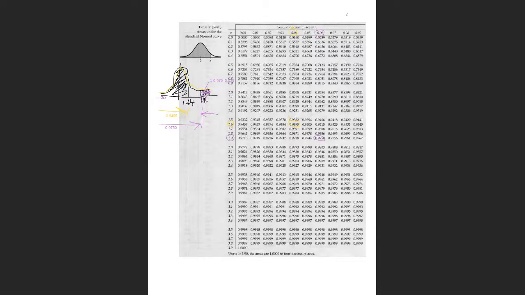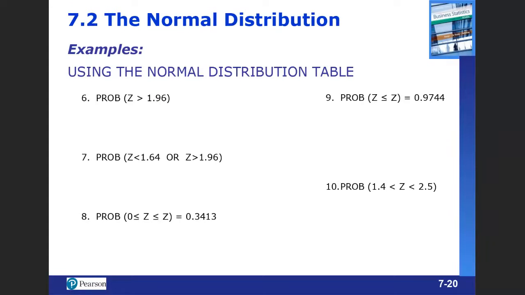Okay, so we did number 7, right? We're doing number 8 now. So this is slightly different. This is saying where you're given the probability, you have to find the z value.